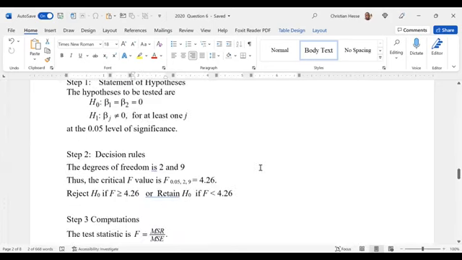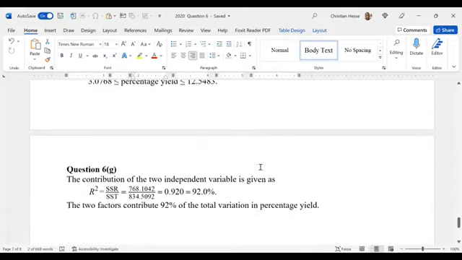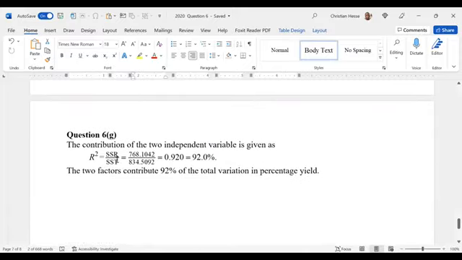So let's look at the way the solution is done. I use the quotient, the SSR divided by the SST, and that gives us 0.920. That's about 92%. Or you can square the R and it will also give you 92.0%.